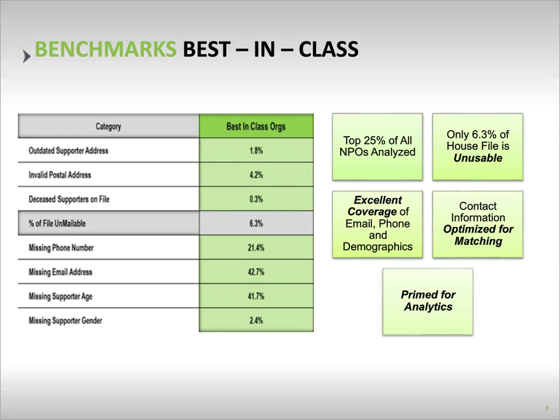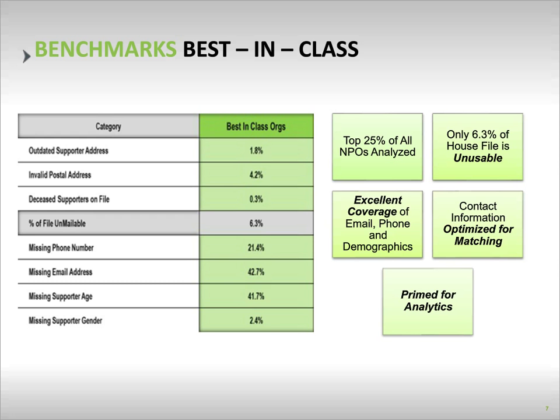So if they were to submit their entire database, only 6.3% of their file would be unable to be matched based on a first name, last name, and address match, versus other nonprofits that may be looking at a quarter of their file not being able to match based on the accuracy of the address information in their system. Organizations that maintain their data to this level are primed and ready to utilize their data both from a mailing and from an analytics perspective.